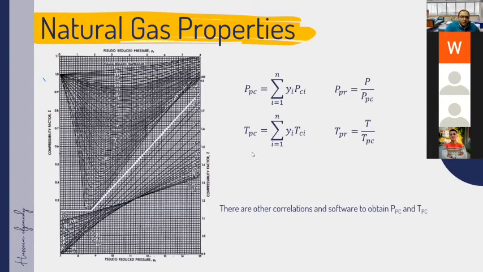There are also correlations and software to obtain the critical pressure and temperature for the mixture. It's not mentioned here, but if you are using Aspen HYSYS or Aspen Plus, it will be calculated automatically.